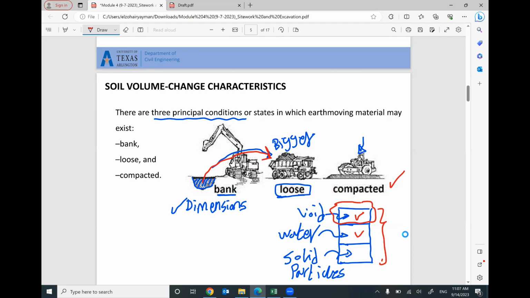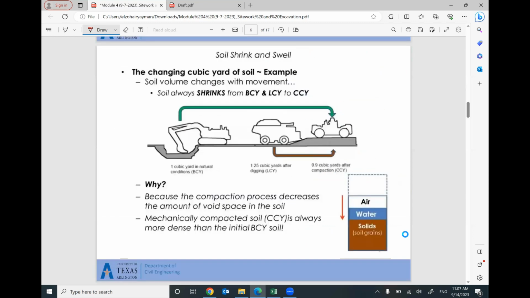And we learned also that if you would like to convert from bank condition to loose condition, this one will be called bank cubic yard, and this one will be called the loose cubic yard. We need to multiply the bank cubic yard by 1 plus swell factor. We have another state which is called compacted cubic yard.